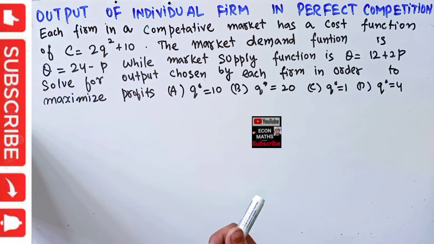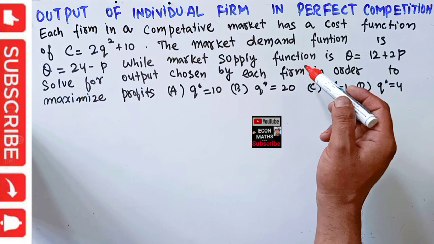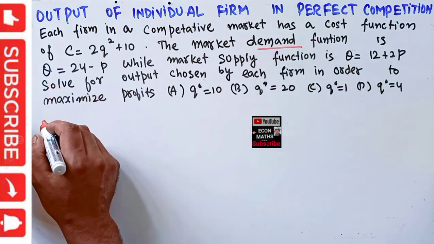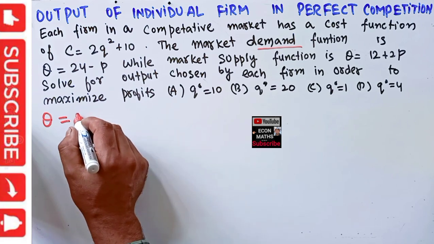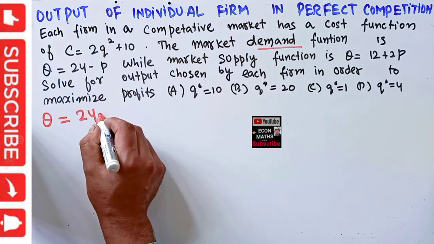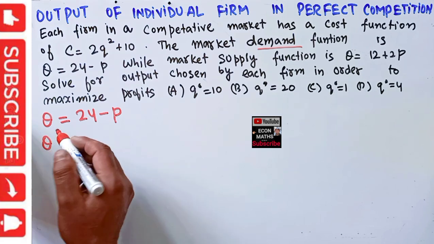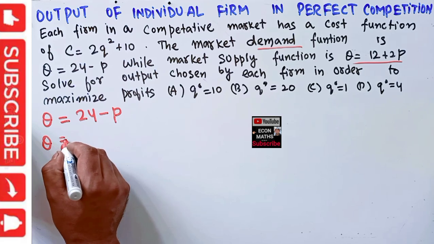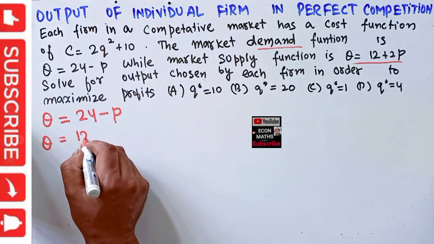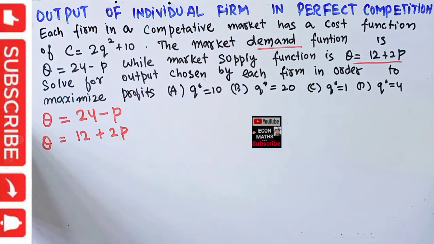Okay, so what are we given? We are given the market demand function first, that is total market demand, denoted by capital Q = 24 minus P. Market supply is given by Q = 12 + 2P.